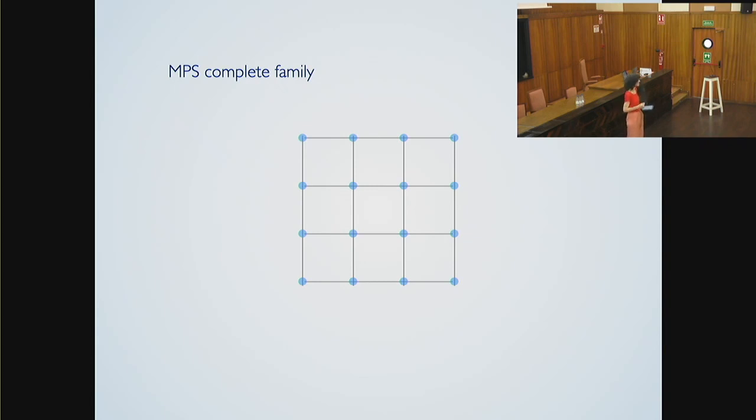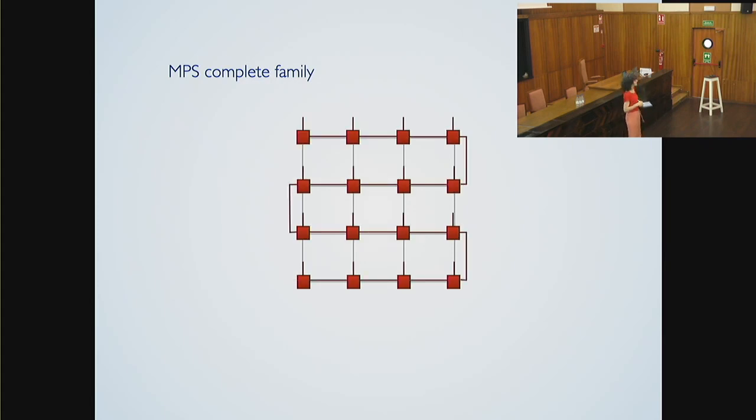So for instance, for the two-dimensional lattice, as it is here, wrapping it around the lattice. This people sometimes call a snake MPS, and often refer to it when people do 2D DMRG.